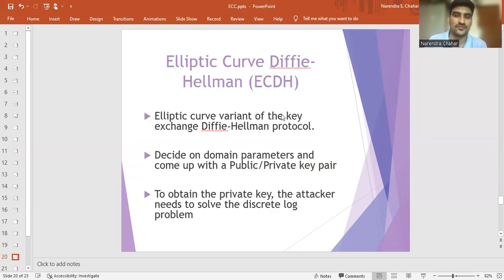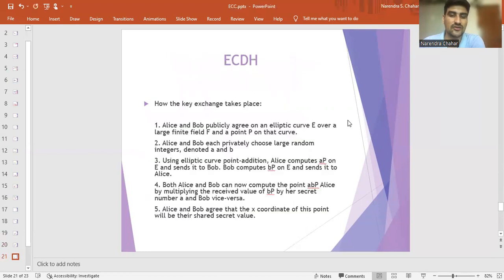Now we come to Diffie-Hellman. So this is the elliptic curve variant of the Diffie-Hellman key exchange protocol. It decides the domain parameters and comes up with a public-private key pair. We already know that there is a public and private key pair. Now, to obtain the private key, the attacker needs to solve the discrete log problem.